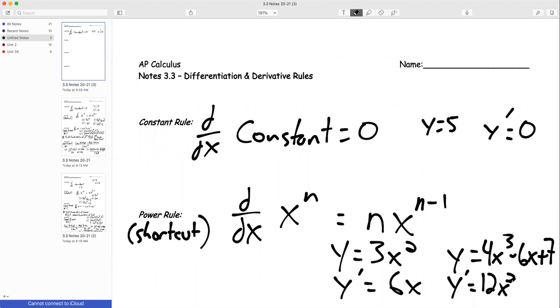Derivative of negative 6x. It's just a linear function, right? If you only have the x there. That's going to be minus 6. And derivative of 7 is 0 because it's a constant. Okay? So far, so good.